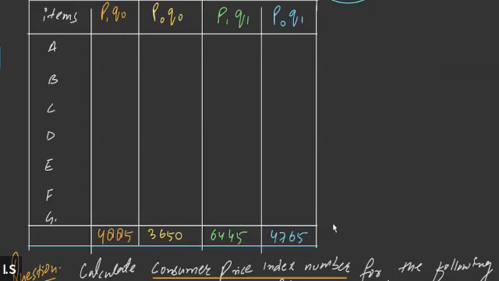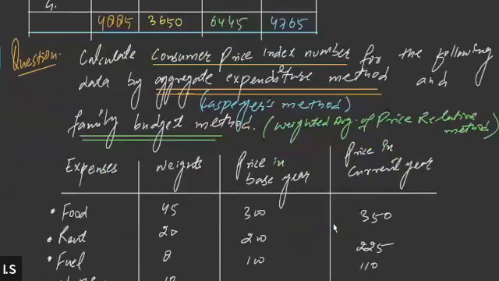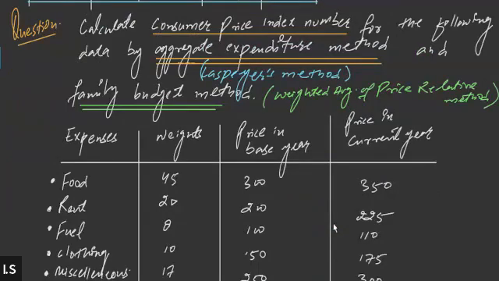Okay, now let's move to the next question. The question says: calculate consumer price index number for the following data by aggregate expenditure method and family budget method.